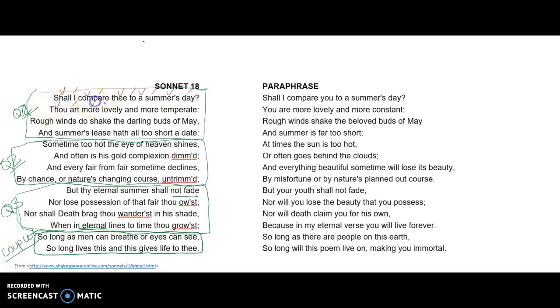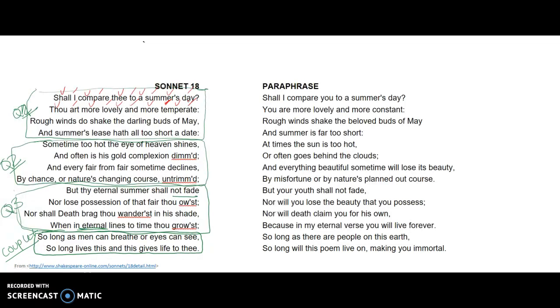Thou art more lovely and more temperate. There are 5 iambs, the unstressed and stressed couple in each line. And it really does give the poem a rhythm, which makes it easier to memorize and recite.